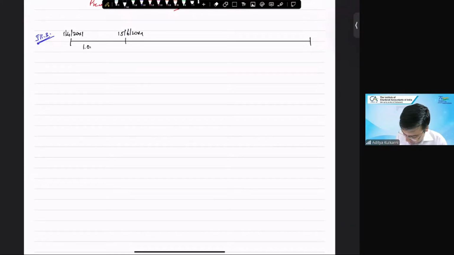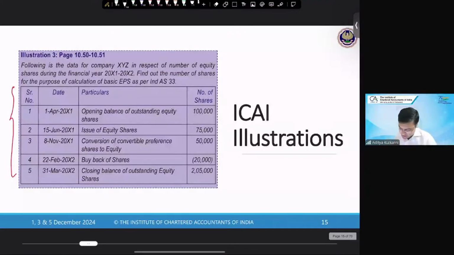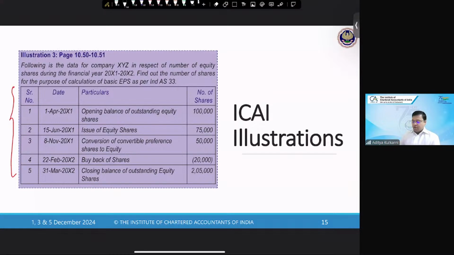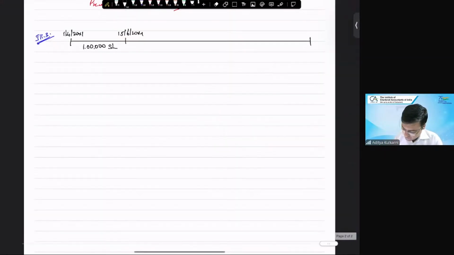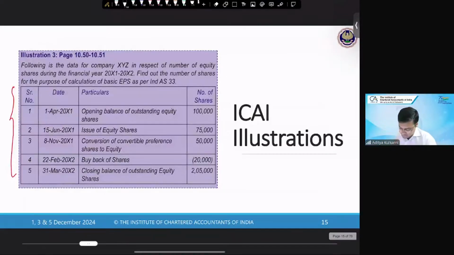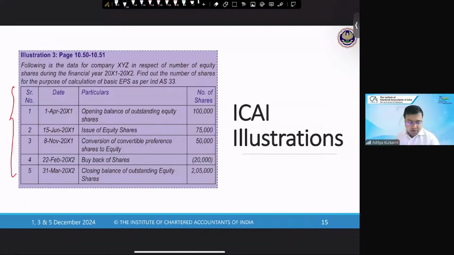So here I had 1 lakh shares. 15th June, I issued another 75,000. 8th November, conversion of convertible preference shares to equity. So here I am getting another 75,000 plus 75,000 shares. And then conversion. So 8th November, another 50,000.